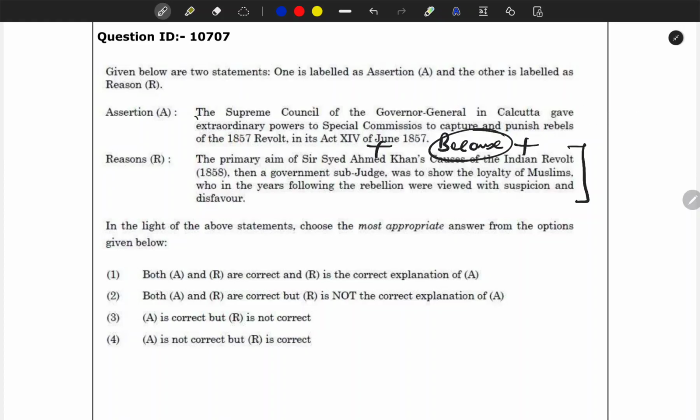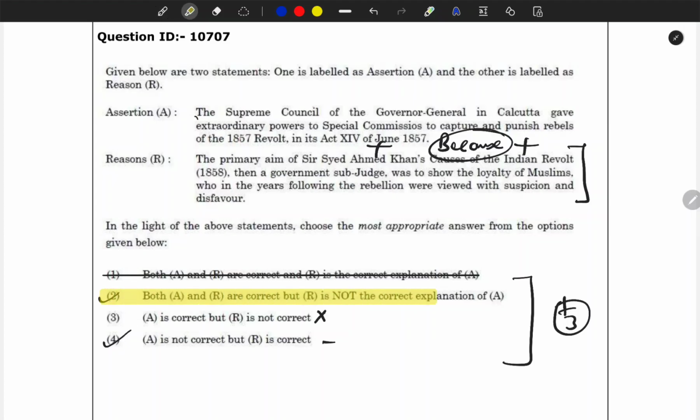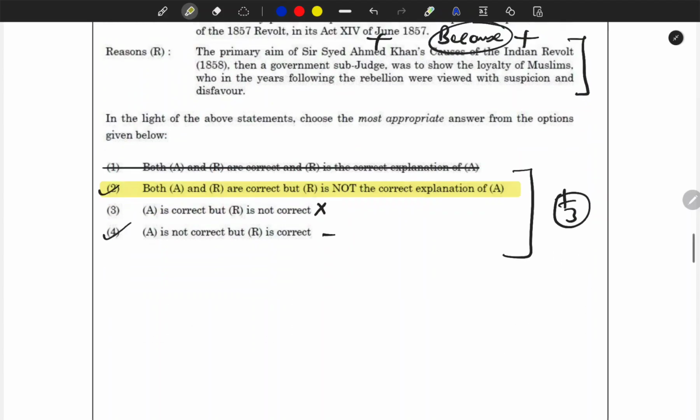I don't think there is any relation, so you can easily discard this statement. We have three options left. If you don't know this fact, it will be 1/3, but for me it was 50-50: A is not correct, and R I know is correct, so for me it was either the second or the fourth. It was a 50-50 affair for me, and this is the correct option.